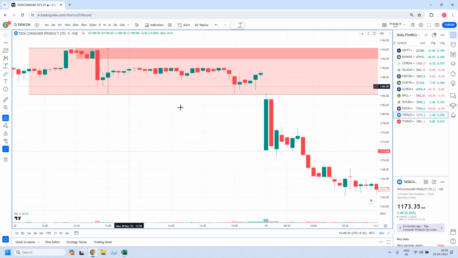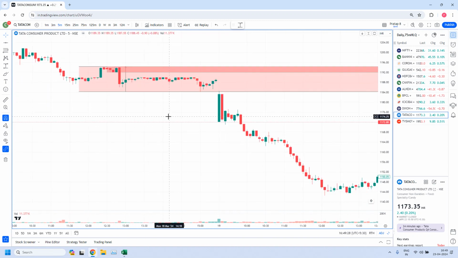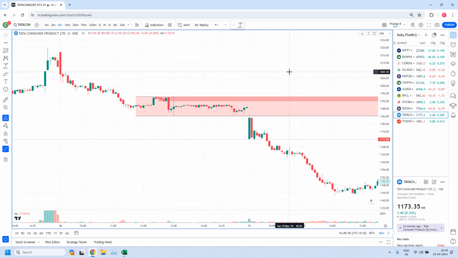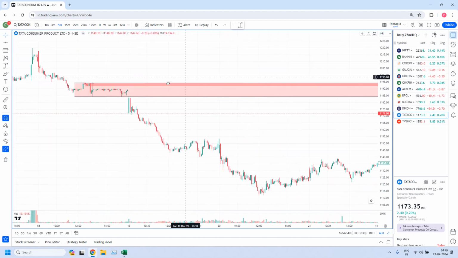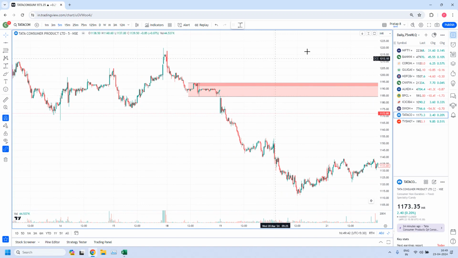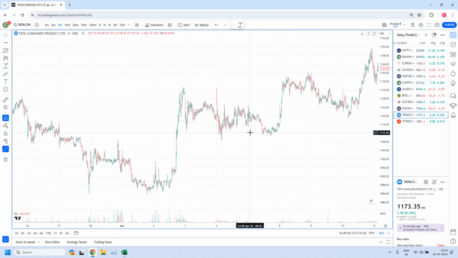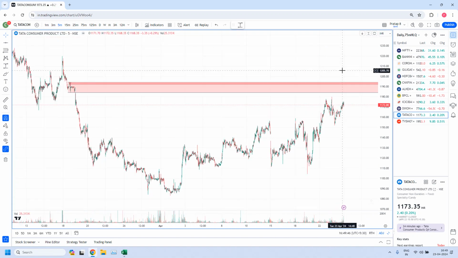So this zone will be violated. And apart from that, this is the worst price structure within this zone. So anyway, we can't plan a trade in Tata Communication, and prices also did not enter this zone today.